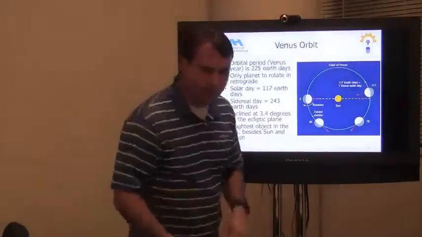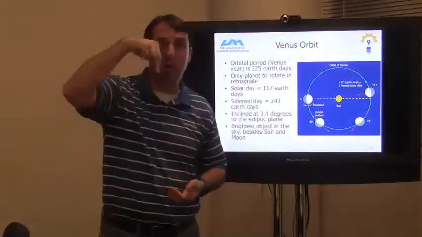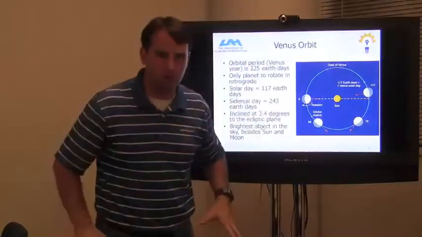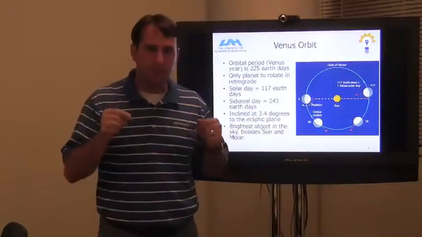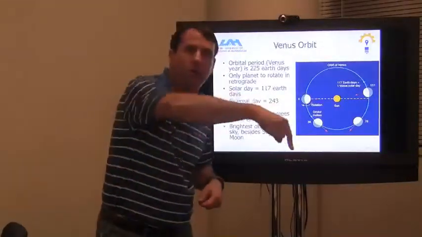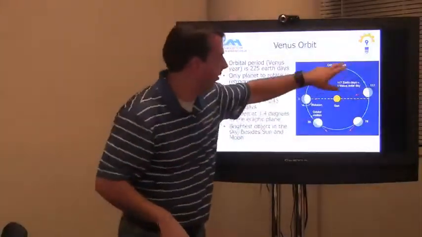Now, if you were to go and look at the North Pole of the sun, and look down on the sun, and just get really far away, obviously, you can see the whole solar system from there. Every planet in the solar system goes around the sun in a counterclockwise fashion. Okay. So they go around the sun in this fashion, counterclockwise.